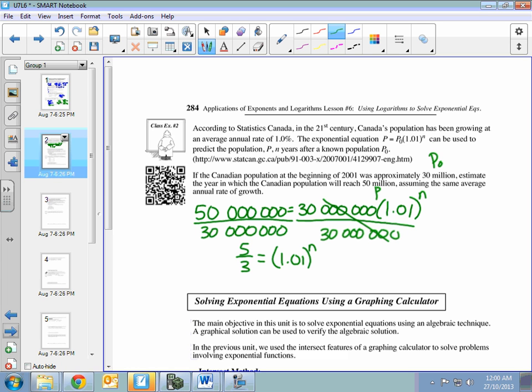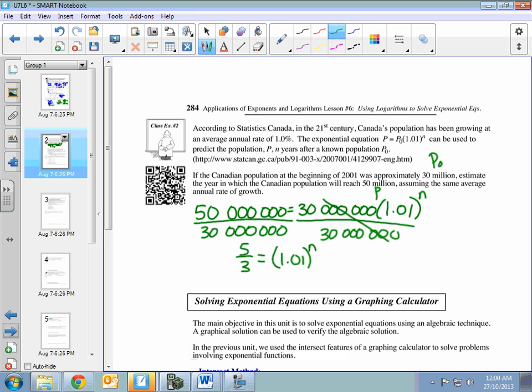If you want to go 50 million divided by 30 million in your calculator and get a decimal, that's perfectly fine, but if you can see they simplify to 5 over 3 as a fraction, that is even better.